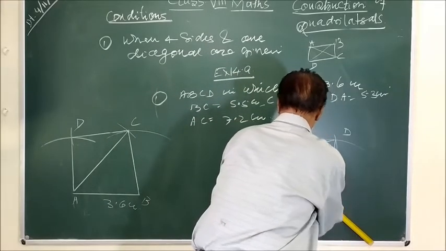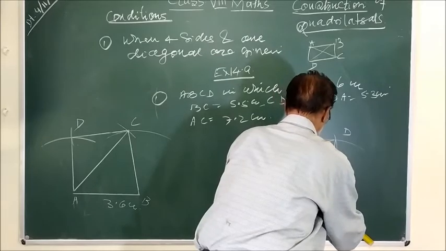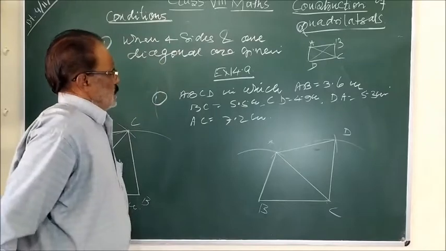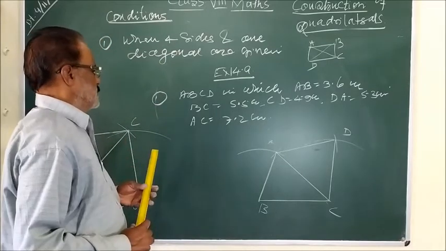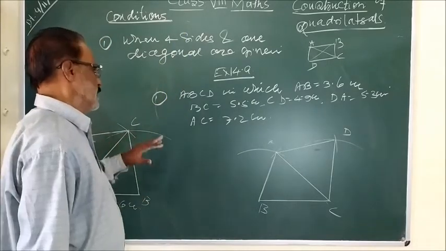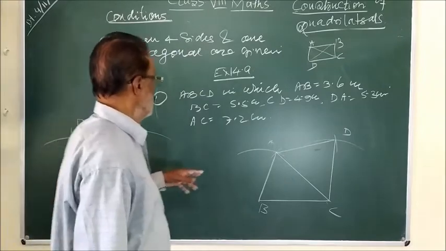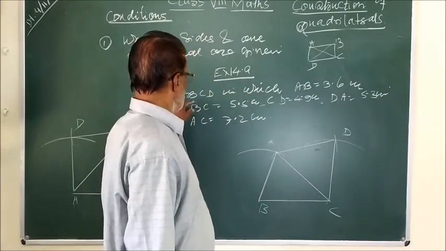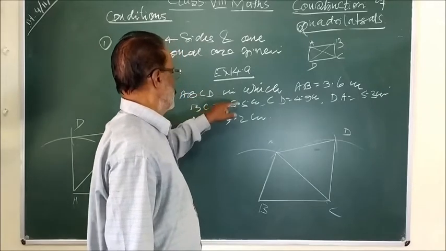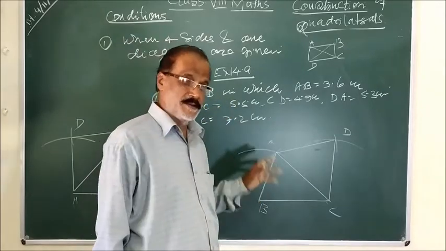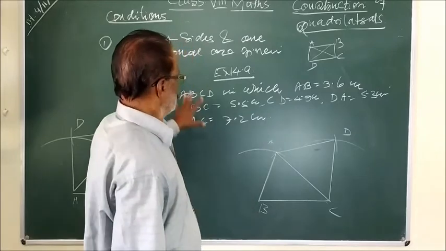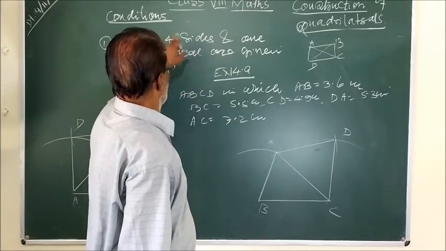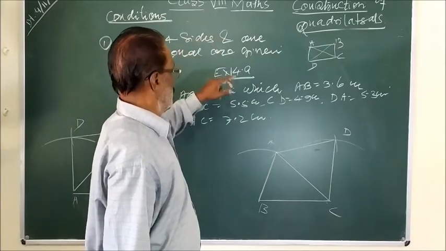If you have to measure the other diagonal, you can draw it and measure. So these are the different methods. You can take any side, or first of all you can take the diagonal AC, and according to the actual measurements we draw the arcs. This is the one condition when all 4 sides and one diagonal are given.